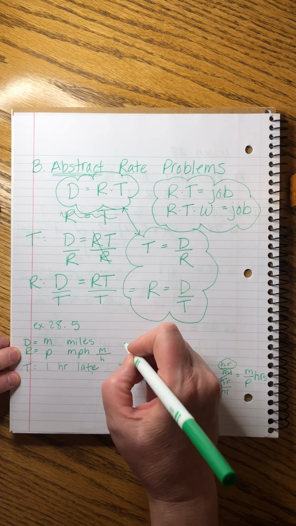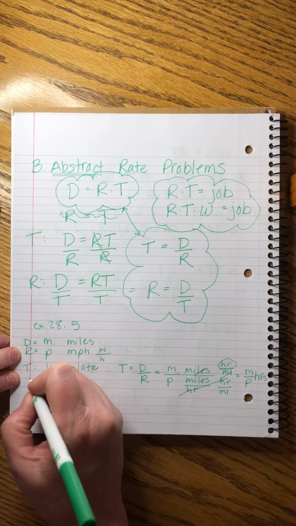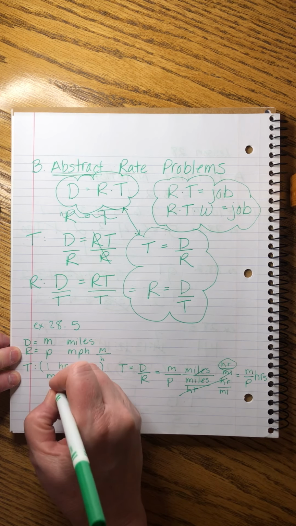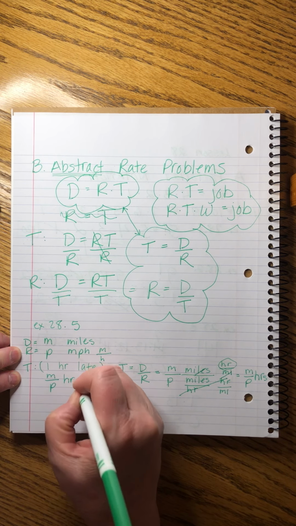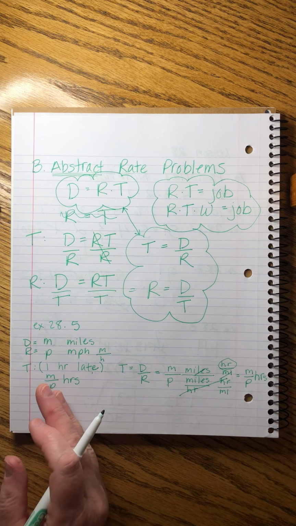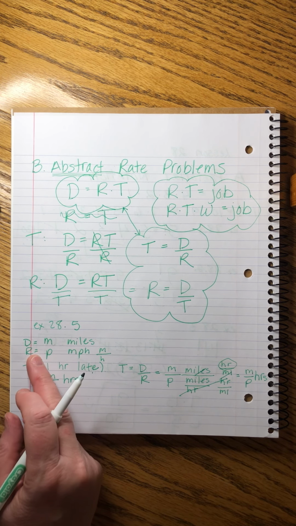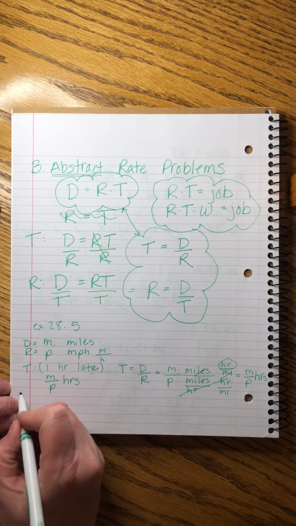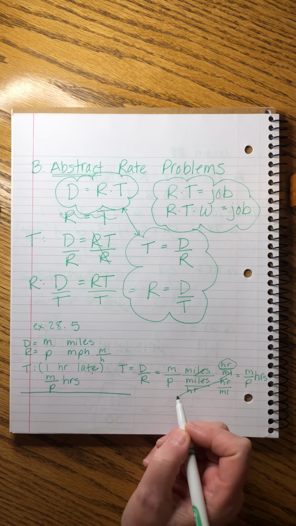So I'm going to write it over here, m over p hours. Okay, now John tells us that we need to refigure the trip to figure out what the rate should have been if they would have arrived on time. So now we're going to do the new distance, rate, and time.